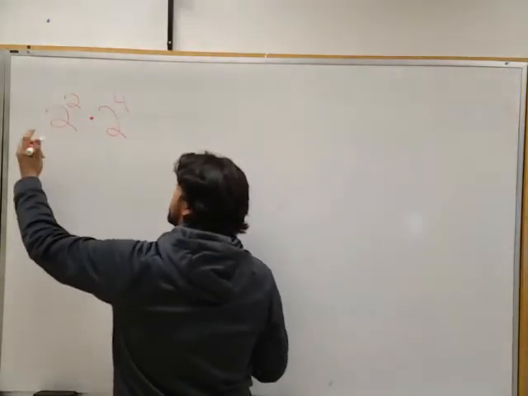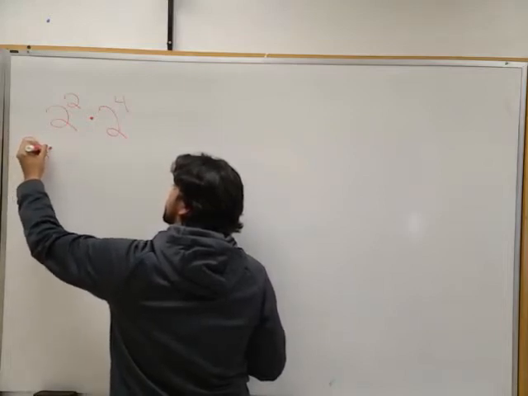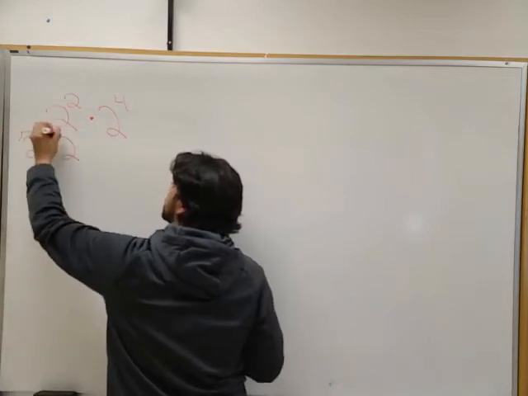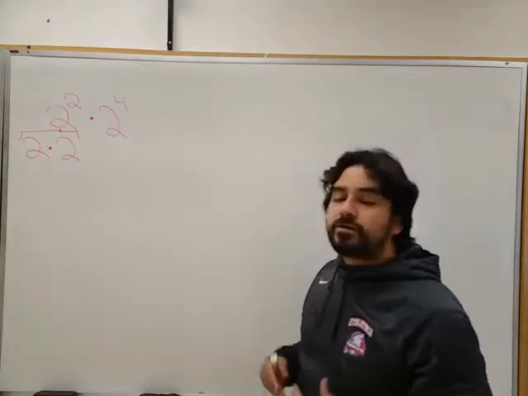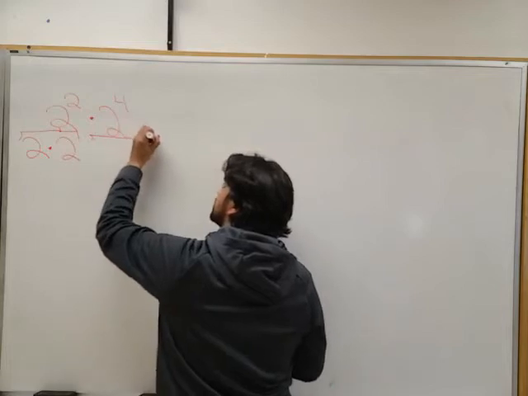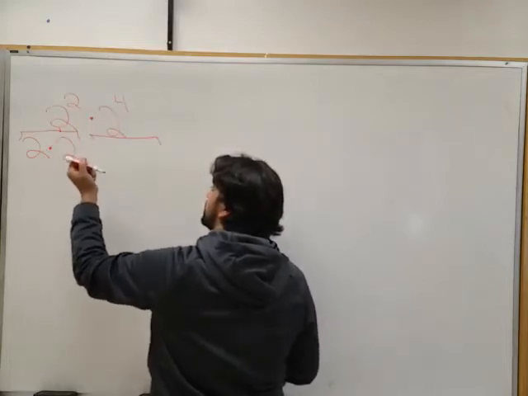2 to the power of 2, that means I'm multiplying the base, which is 2, two times. Times 2 to the power of 4. So the base is being multiplied by itself 4 times.